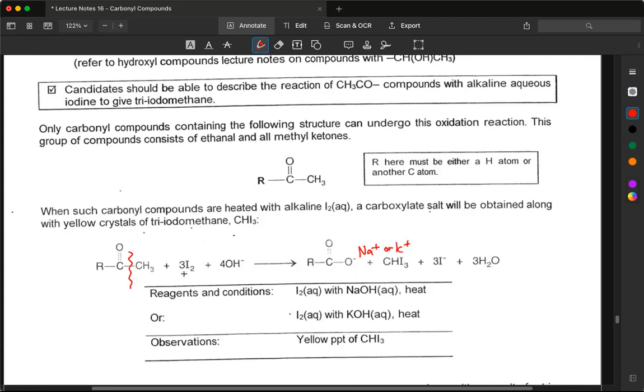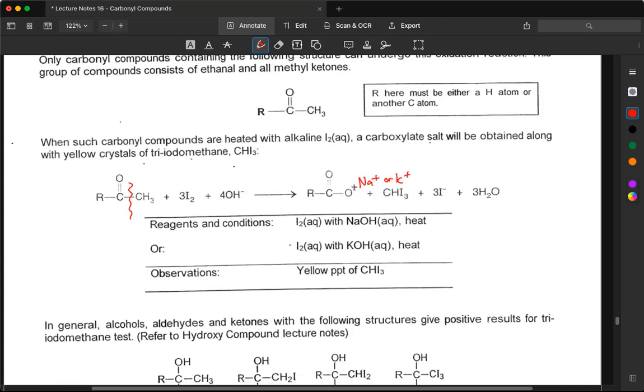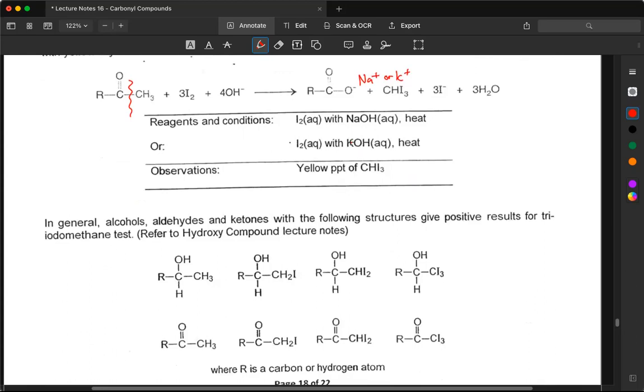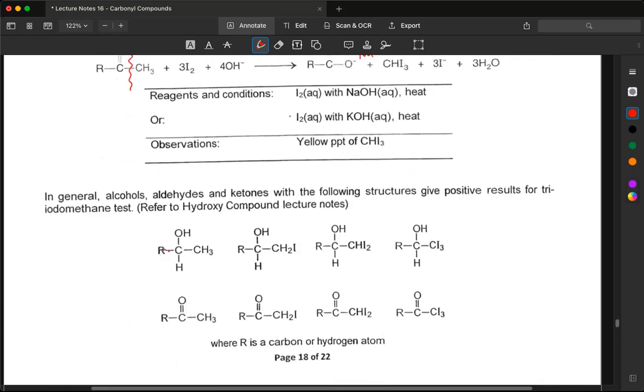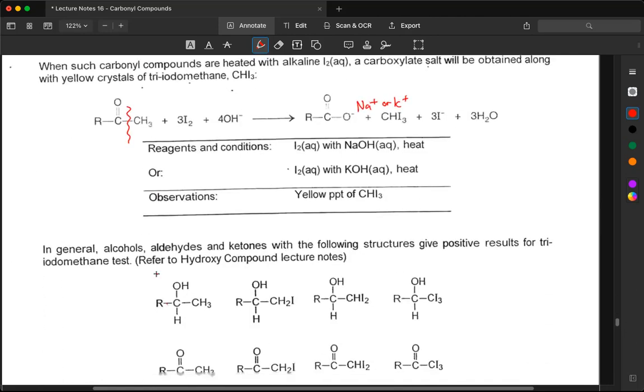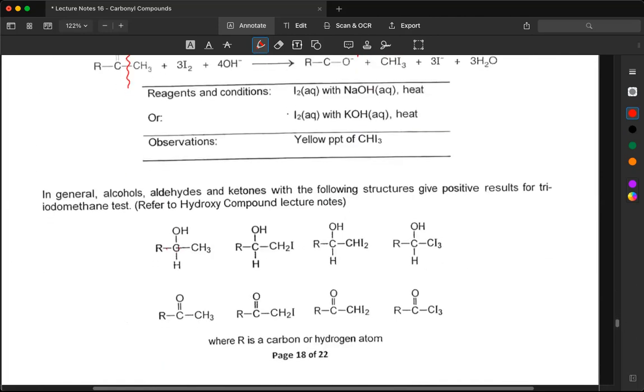Then I2 is being reduced, and you have water. The oxidation will give a yellow precipitate. In general, it doesn't matter whether aldehyde, ketone, or alcohol, they will give a positive result. As long as you have R bonded to the C that is bonded to double bond O or OH, this will react.